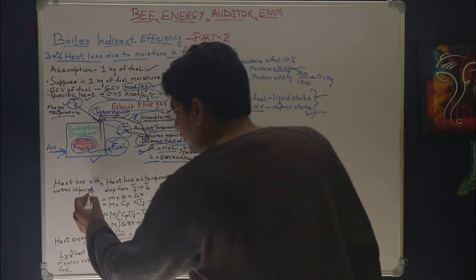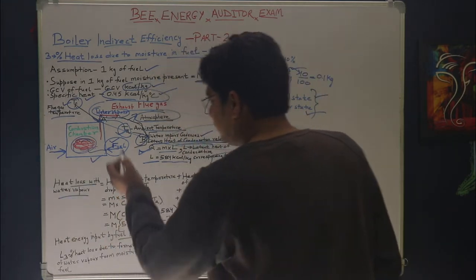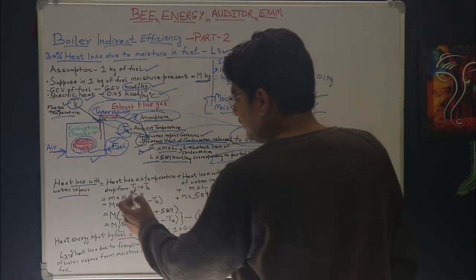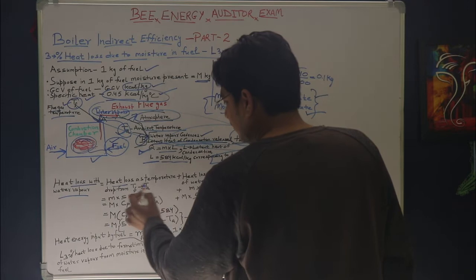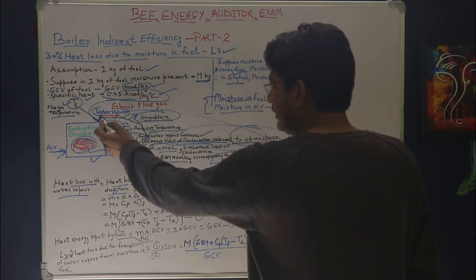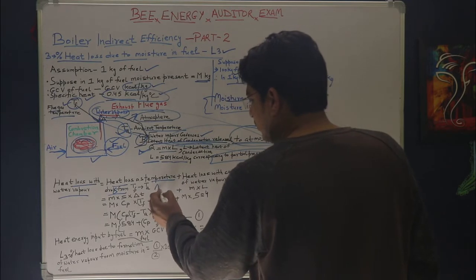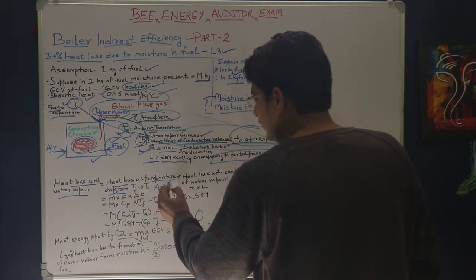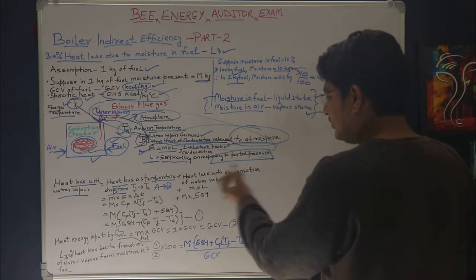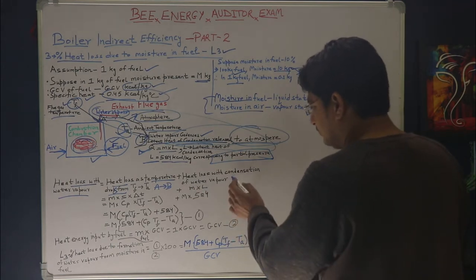So friends, heat lost with water vapor, as you can see here, can easily be calculated in two parts. The first part is heat loss as temperature drops from Tf to Ta, that is from point A to point B, and second is the heat loss with the condensation of water vapor.